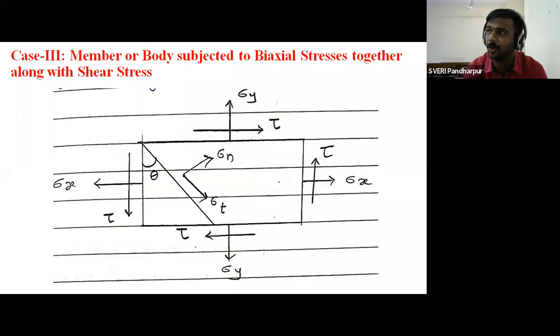Please keep in mind. Draw the figure, and from that figure you have to understand the concept, how the tau is located. So case number 3 is member or body subjected to biaxial stress along with shear stress. Draw the figure, and you have to understand the basic difference between case number 2 and case number 3.